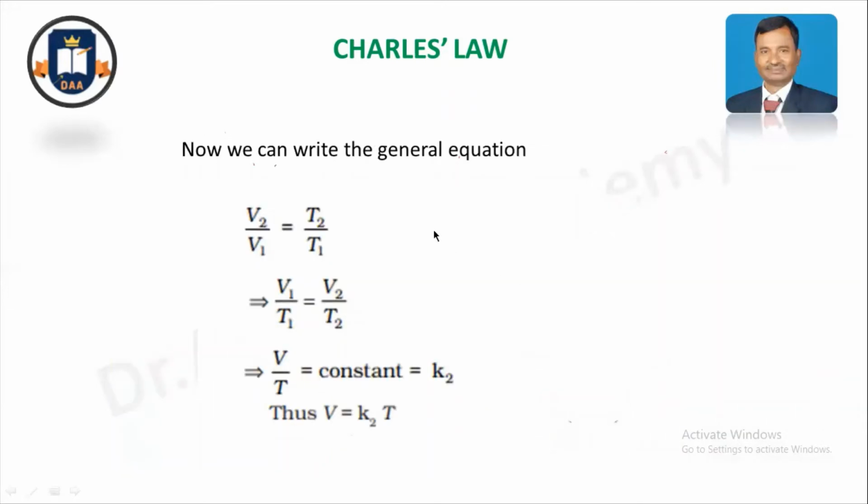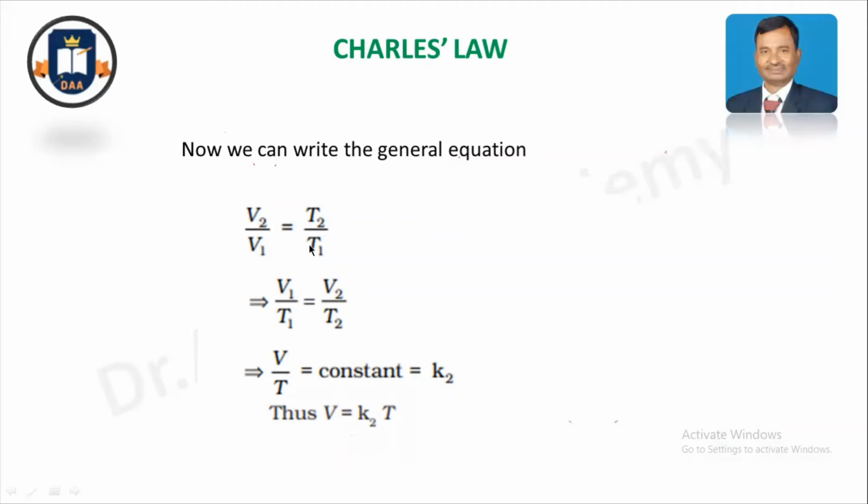So the general equation we can write on the basis of the previous equation we just described: V2 by V1 is equal to T2 by T1. When at T1 temperature the volume is V1, and when at T2 temperature the volume is V2.